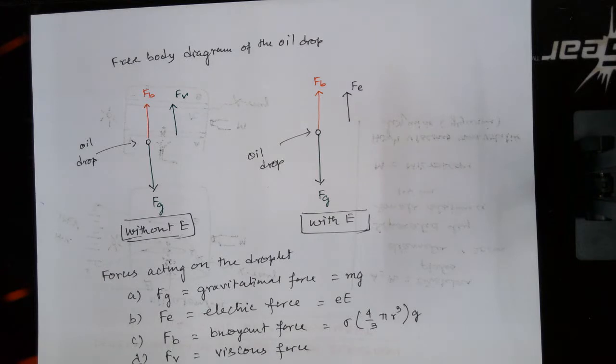In fact, that is the upthrust force experienced by the oil droplet due to the displaced air. And the viscous force is given by Stokes law, 6 pi eta into r into v.